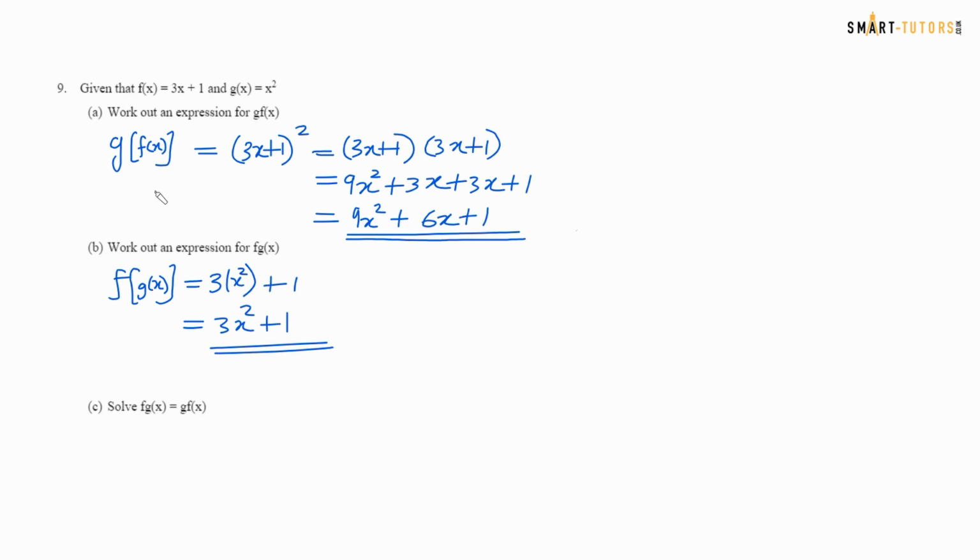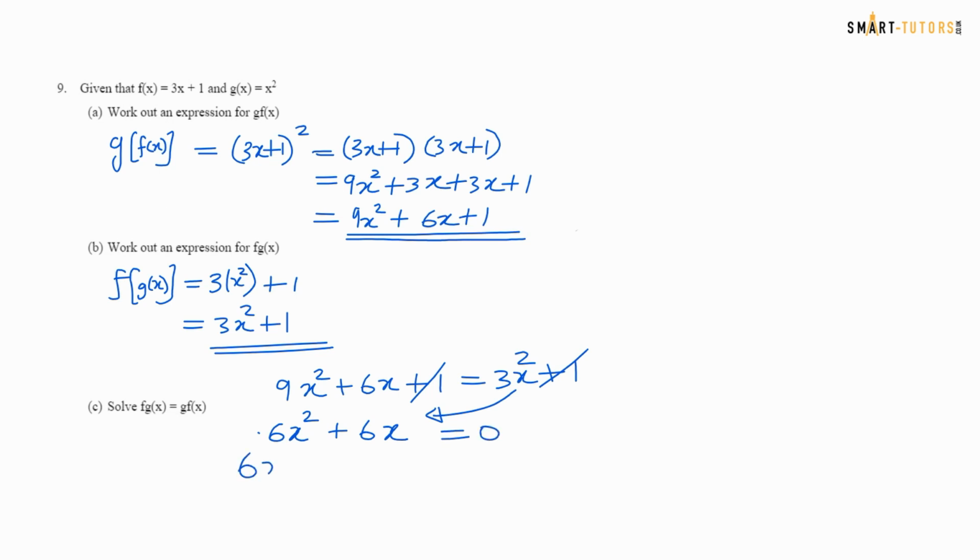Solve fg(x) equals gf(x). So basically you need to equate them. So 9x squared plus 6x plus 1 equals 3x squared plus 1. So bring everything to one side. So 3x squared coming this side, minus 3x squared. So that becomes 6x squared plus 6x, and plus 1 and plus 1 cancel, equals 0.